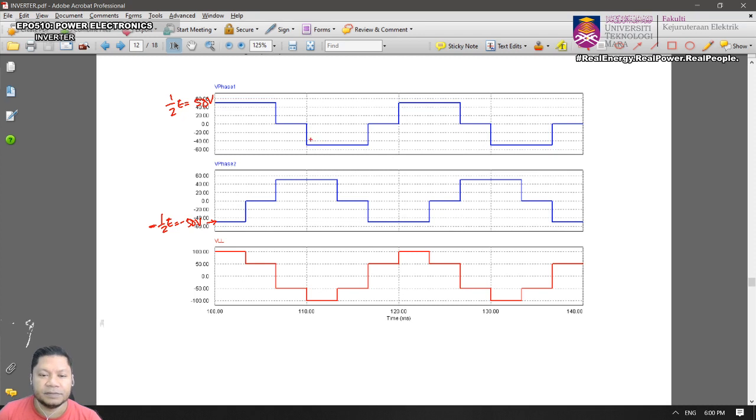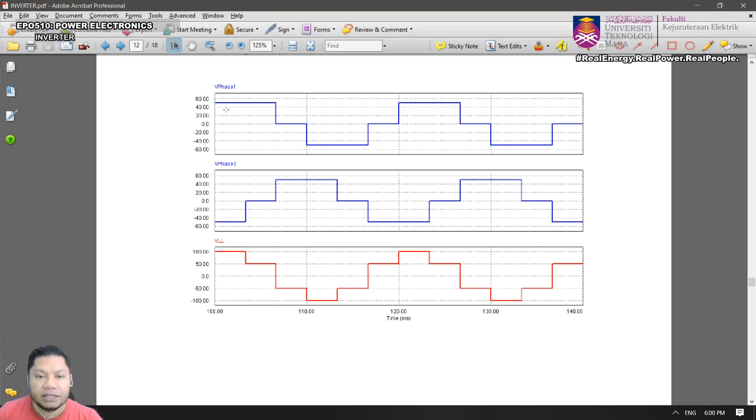So that is when we have this region whereby switch 1 is on and switch 6 is on, and it is known as two simultaneously connected devices because at any time only two switches are on.